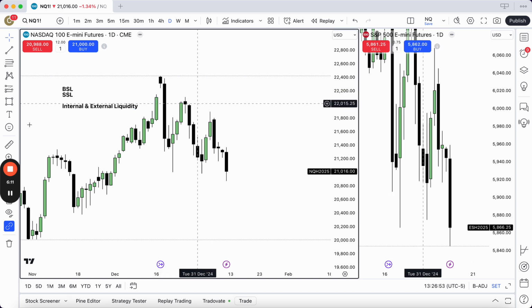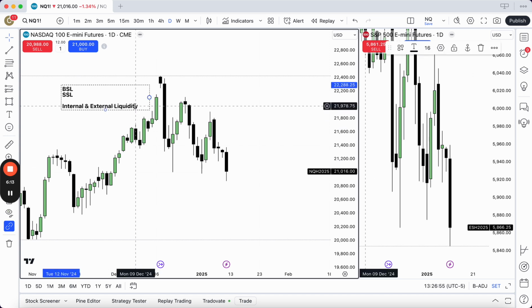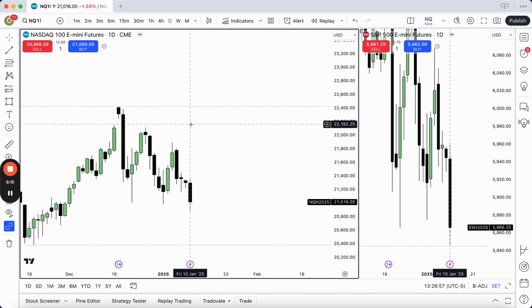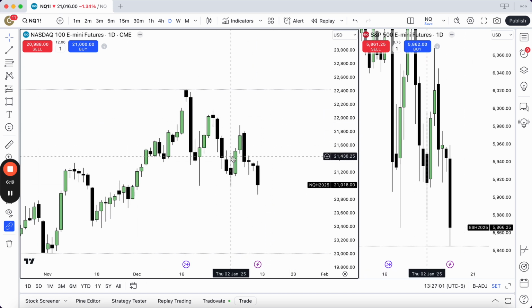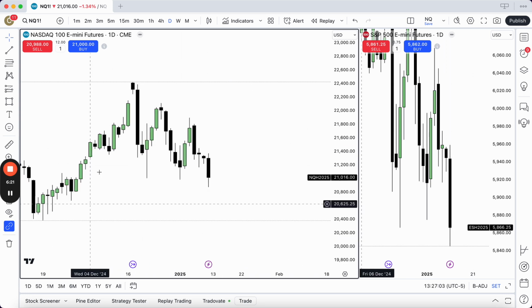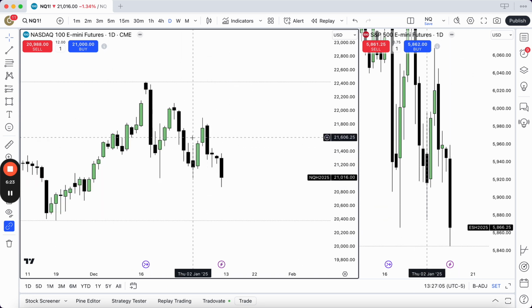So now I want to cover internal and external range liquidity and how it's the only direction in which price moves. External range liquidity and internal range liquidity can be used for daily bias. If you've watched any of my previous videos, you know that I talk a lot about using candle closures for daily bias, right? But also IRL to ERL and ERL to IRL.